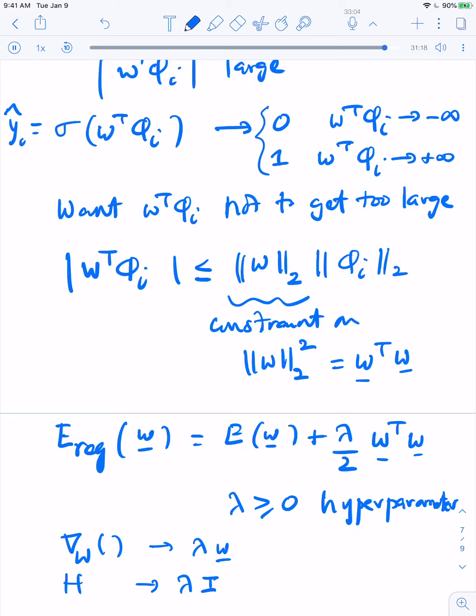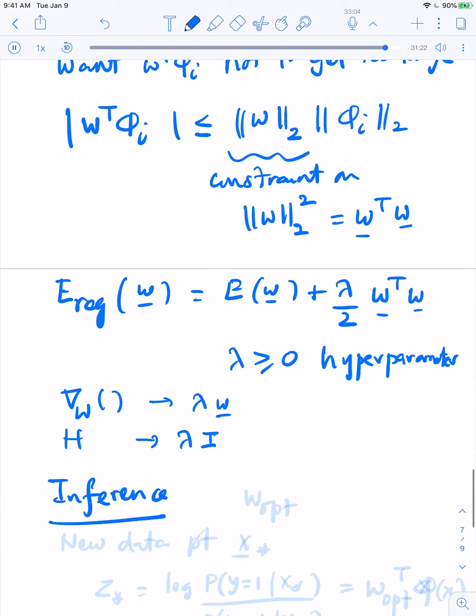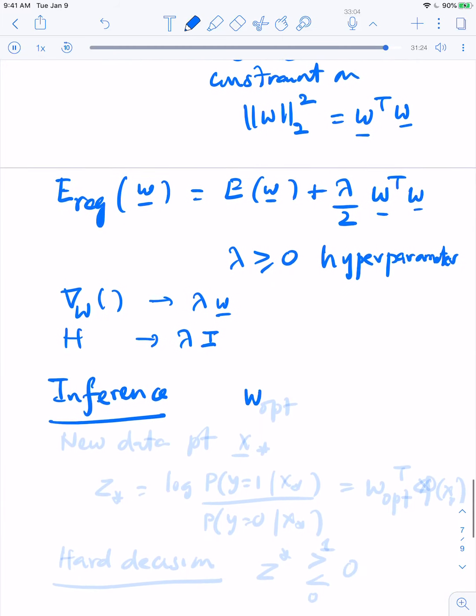And the final step I wanted to just mention is what happens after you train. So your training has given you w opt, and a new data point X star comes in, and you want to predict a label for that, right?